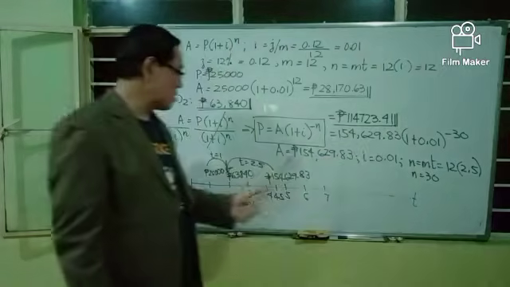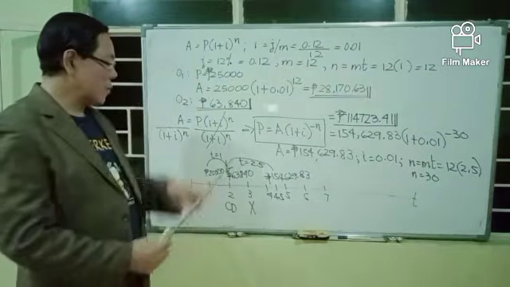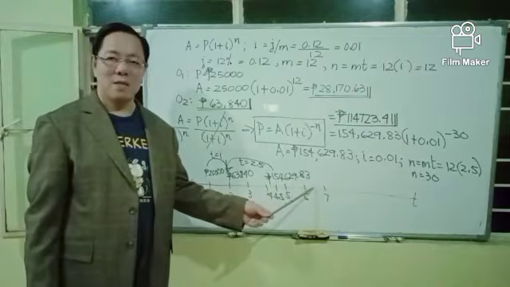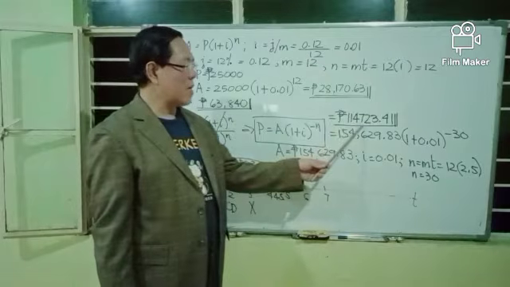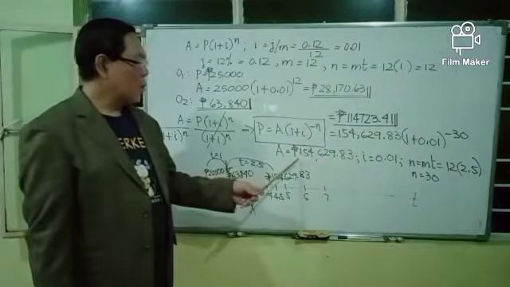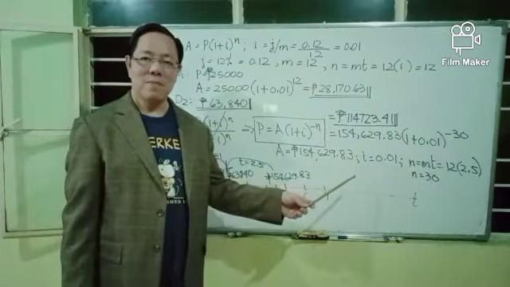$114,723.41 pesos is the discounted amount of 154,629.83, or 114,723.41 is the present value of 154,629.83.